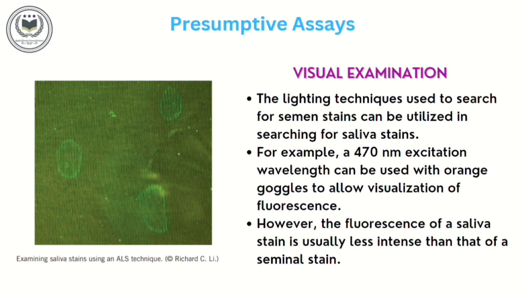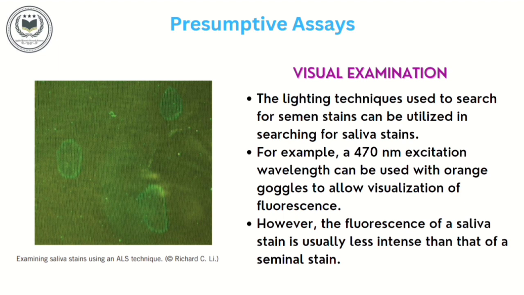Visual examination. When searching for biological stains like semen and saliva, lighting techniques can be used to make them visible, and one of the techniques is fluorescence, which involves specific wavelengths of light to make the stain glow. For saliva stains, a 470 nanometer excitation wavelength can be used with orange goggles to enhance the fluorescence.